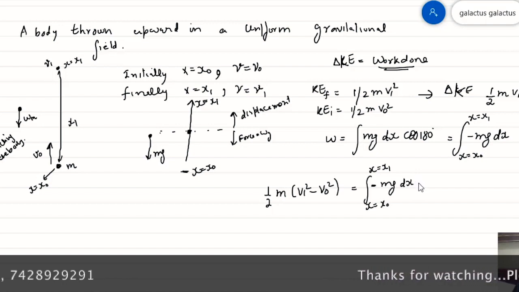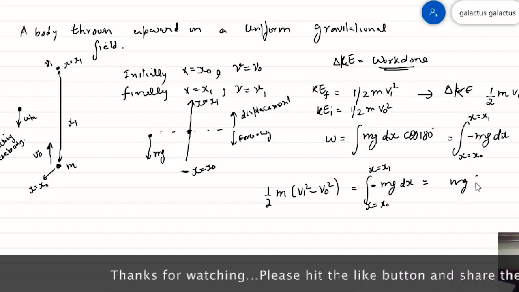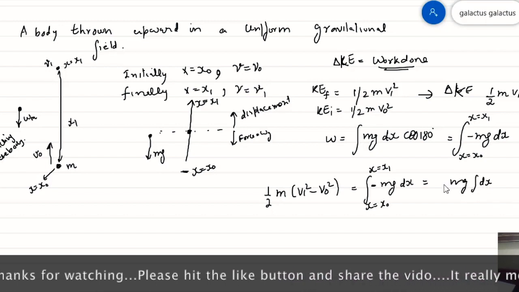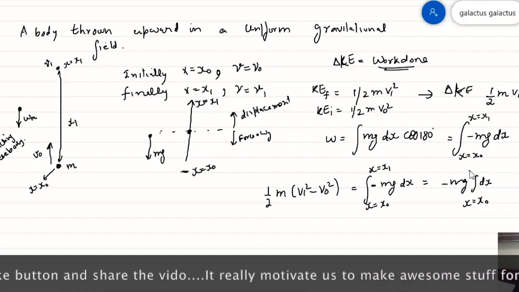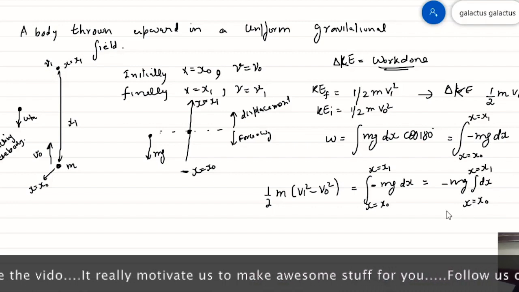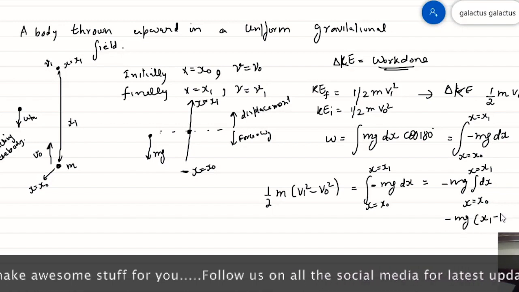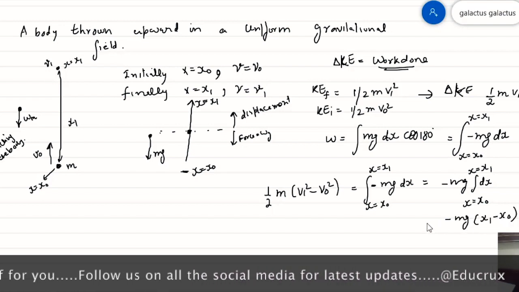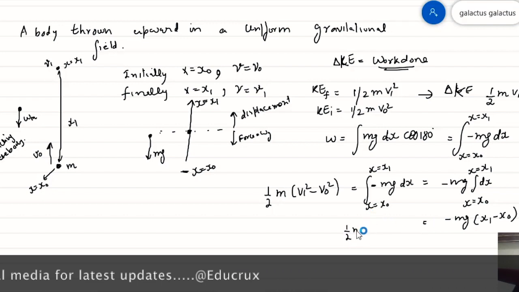So my integration will be mg times the integral of dx from x naught to x1. So this will be mg times x1 minus x naught, which is equal to half m times v1 square minus v naught square.